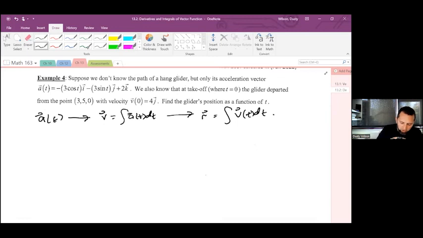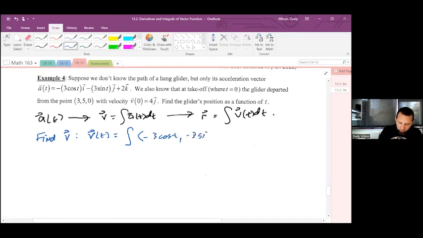So first, let's find v. To do that, we know that v of t is going to be equal to the integral of the acceleration vector, which is minus 3 cosine t, minus 3 sine t, and 2, dt.